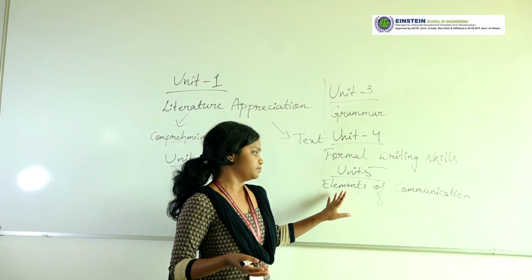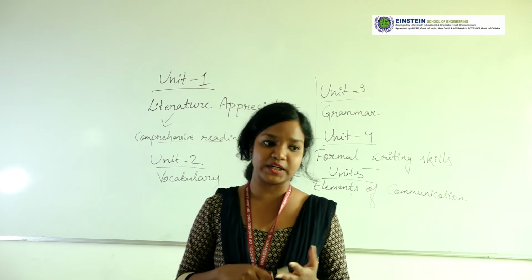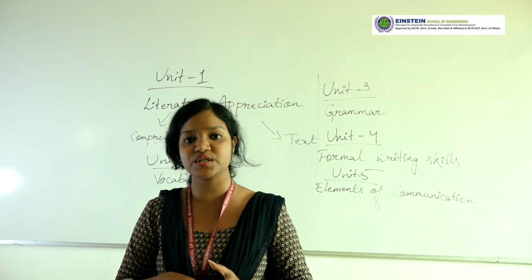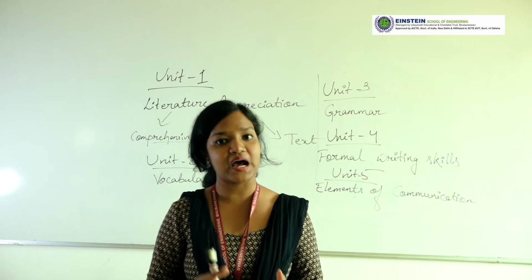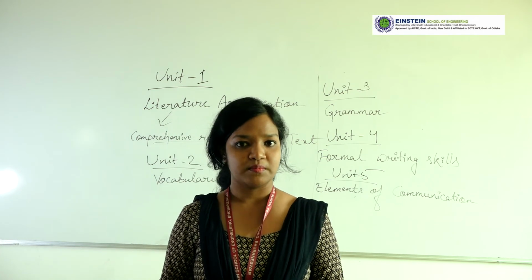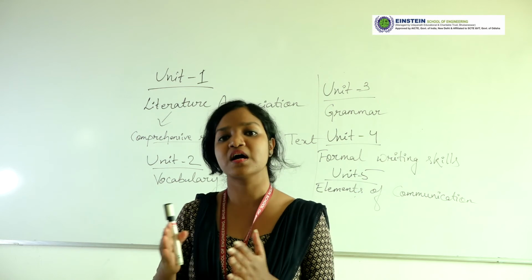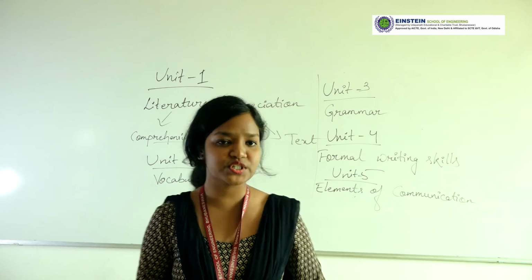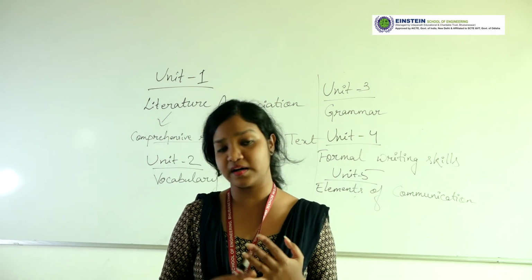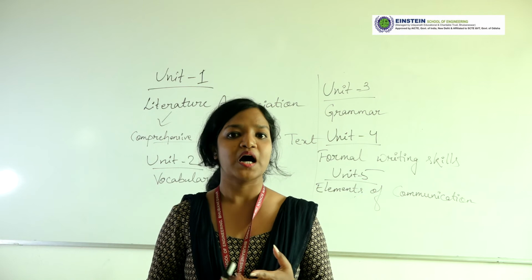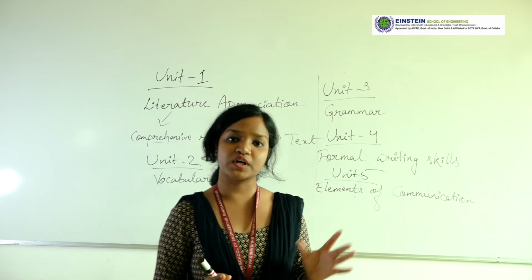So the first subunit deals with what exactly communication is, what the process of communication is, and what factors there are in communication, because we get to know that communication is a process and it needs certain factors without which communication is impossible. There are factors like a sender, a receiver, a channel, a medium, and feedback.